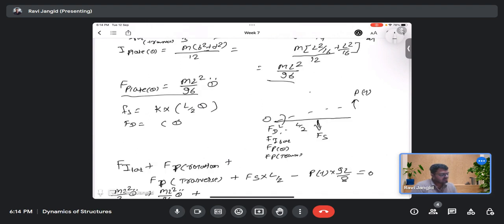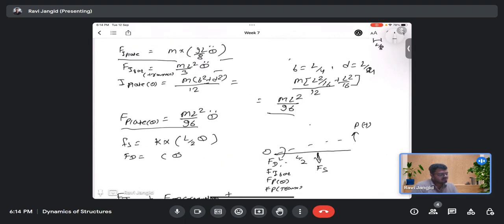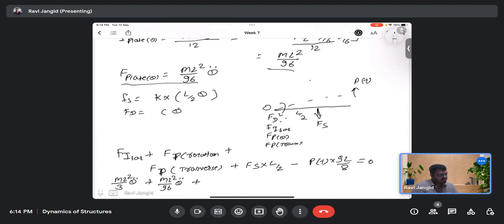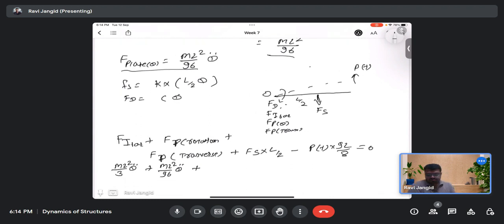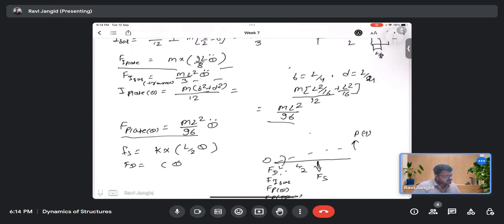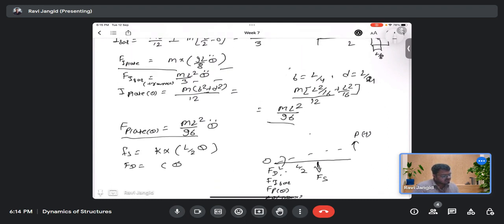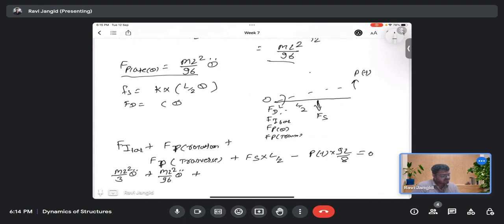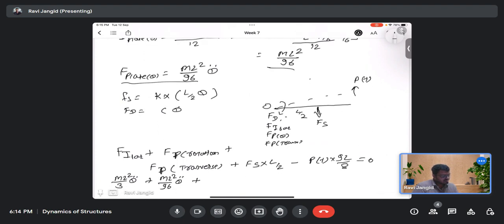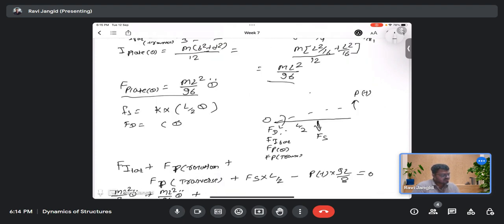Fp transverse is this one, ml square by 3 again. That is, transverse is this one. Wait, 96.